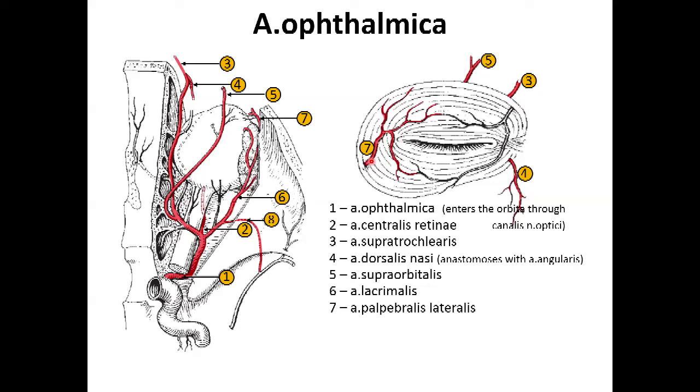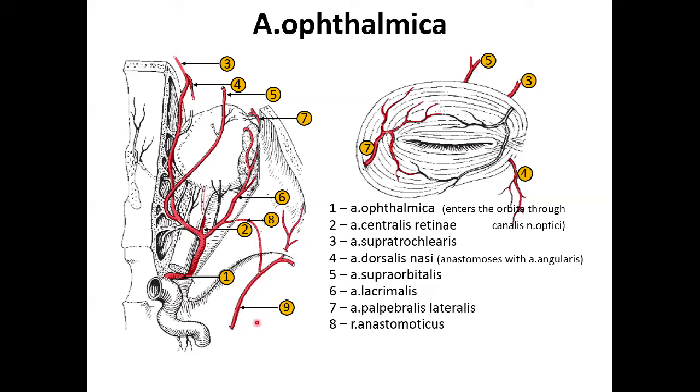And now, number 8. Here it is. It's a ramus which makes an anastomosis between Arteria ophthalmica and another artery. Number 9.